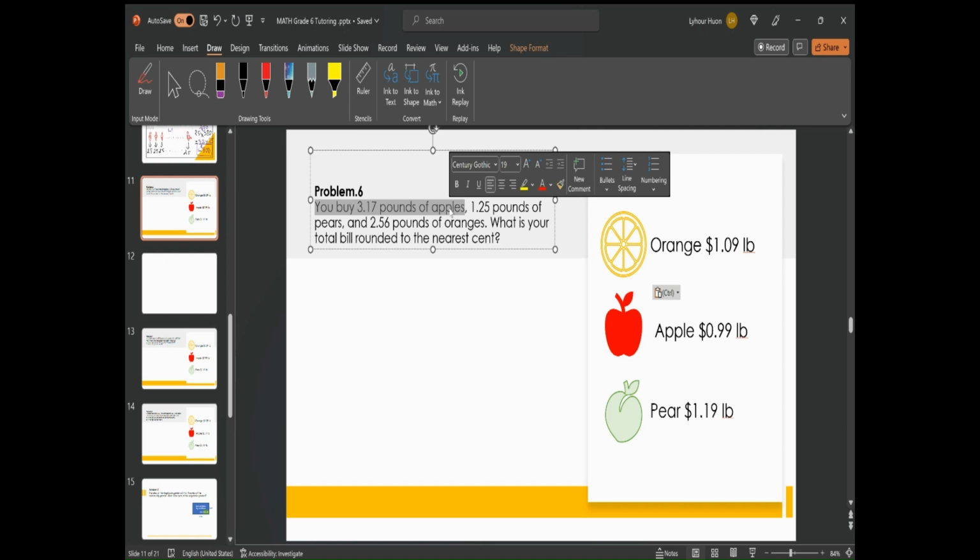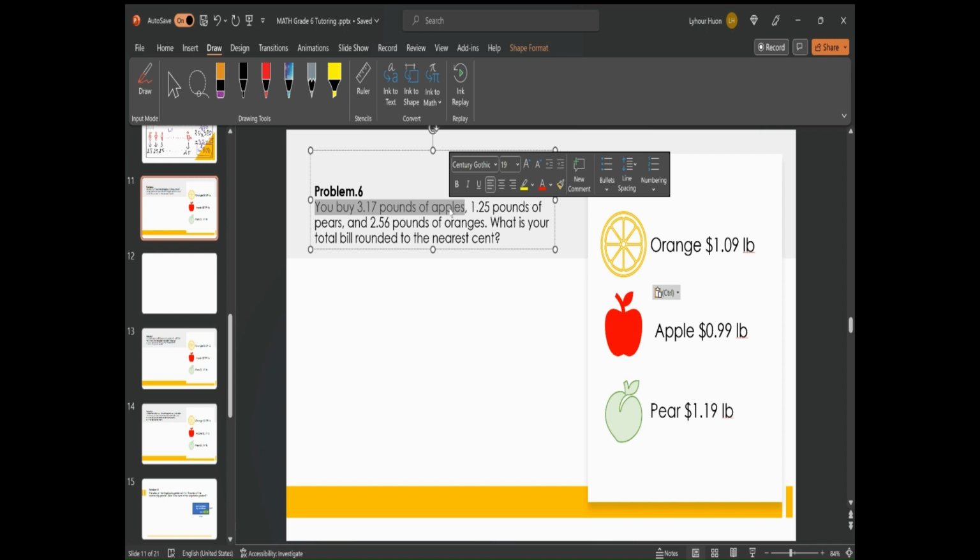For furniture we don't have units like 2.5 tables. You cannot buy two and a half tables. So it's called a whole value.